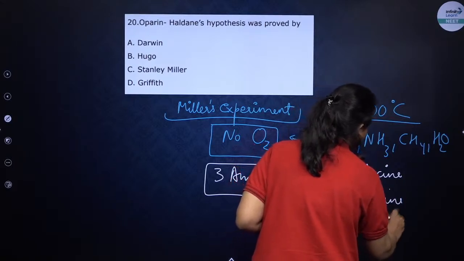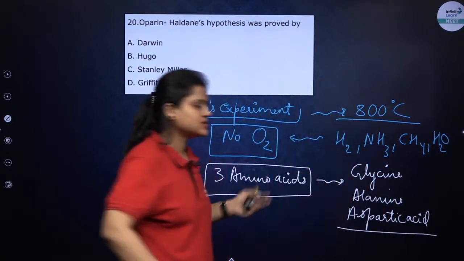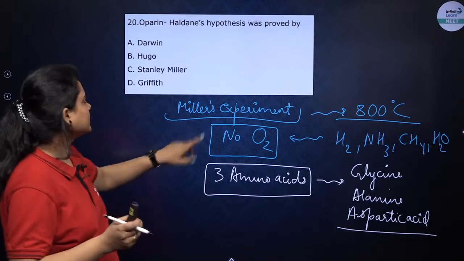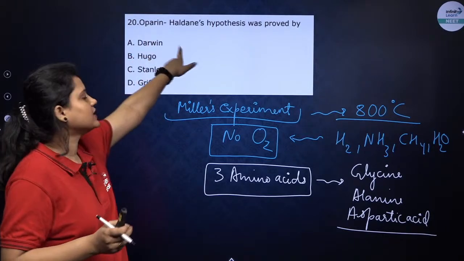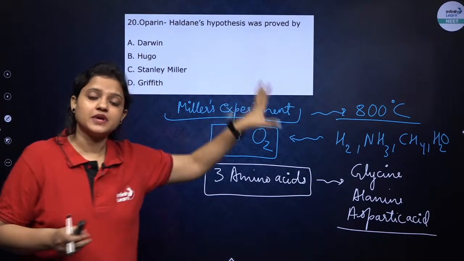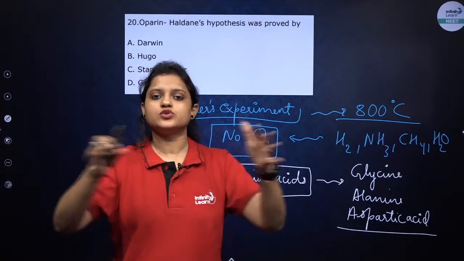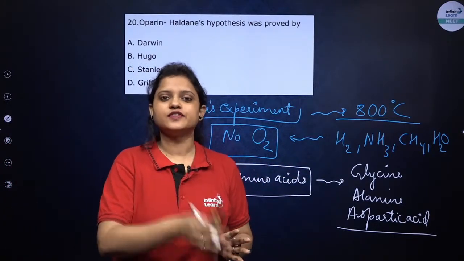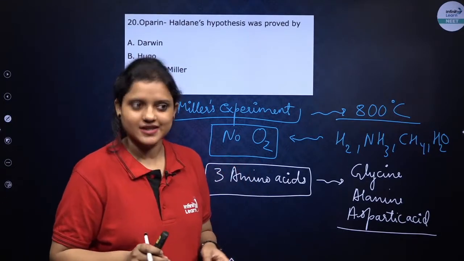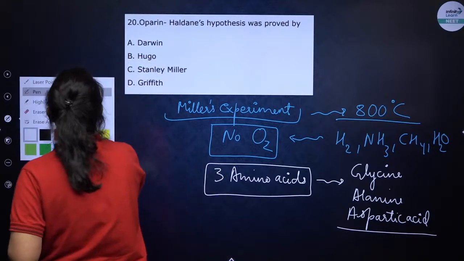Note it down, everyone. By this experiment he proved the theory of Oparin and Haldane, and their theory was on chemical evolution. According to them, our sea was a hot dilute soup and life originated first from the sea because of the combination of chemicals, right? So the correct option here will be Stanley Miller.